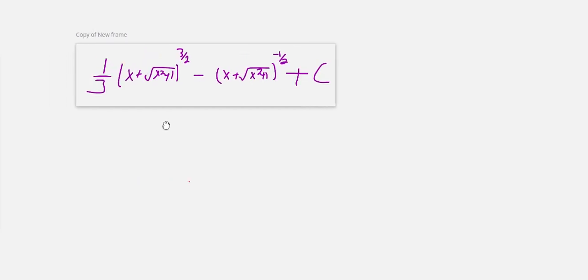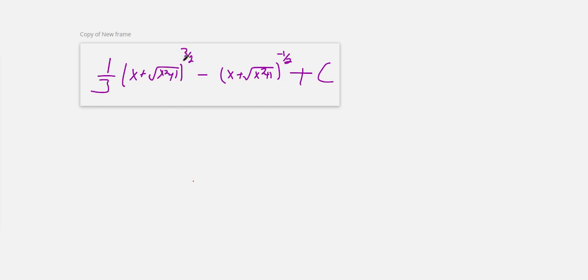So let's go ahead. First term, first of all, we're going to be using the chain rule a lot. Anyway, so first we have 1/3 times, and so we drop the 3/2 times (x plus the square root of x squared plus 1) to the 1/2.